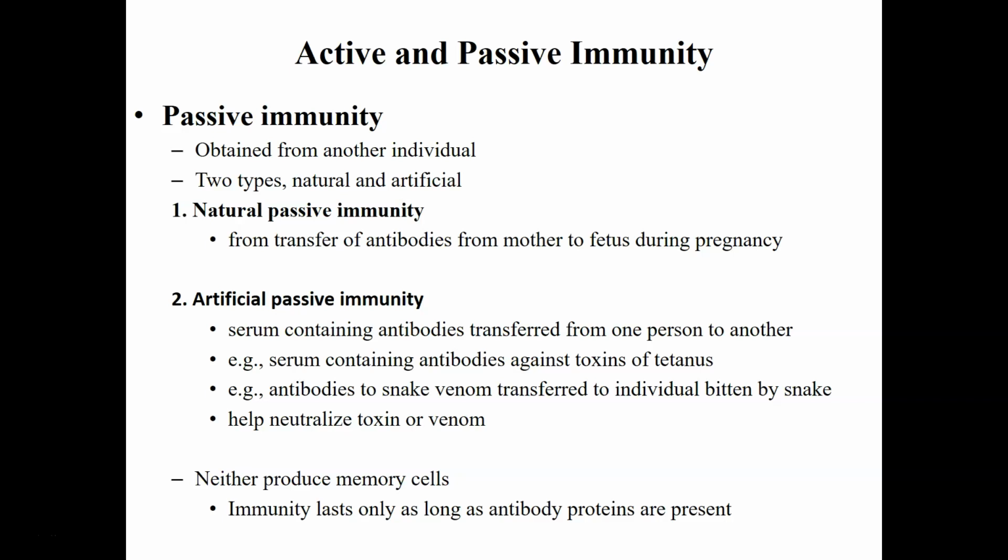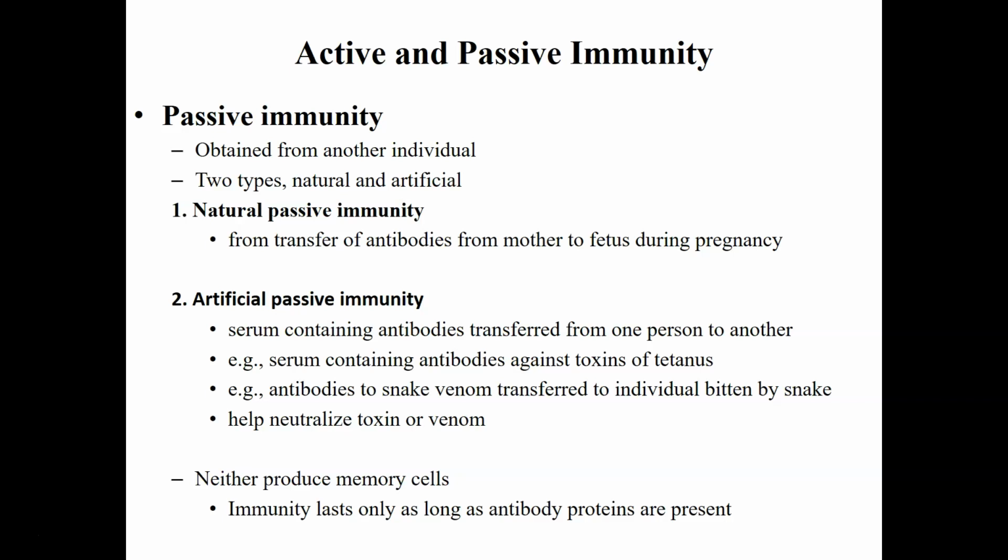So how could that ever occur? Well, it can occur naturally, for example, during pregnancy. A mother carrying a fetus, their bloodstreams are connecting through the umbilicus and the placenta, and antibodies from the mother can cross into the fetal bloodstream.